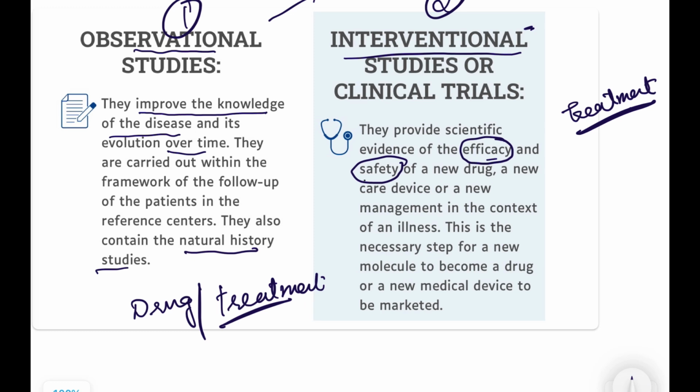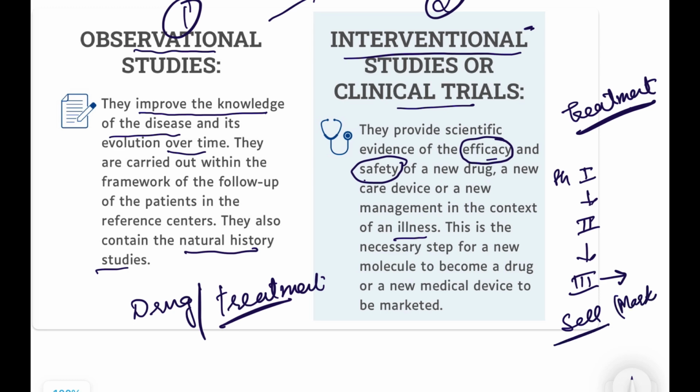These are the two questions you try to answer in your clinical trials, and basically you try to understand whether you are able to manage a disease with this new treatment. And of course there are deeper layers in an interventional study. You start with phase 1, then go to phase 2, then phase 3, and if you are successful through phase 3, you take permission and then you will be able to sell, or market, your drug, right?